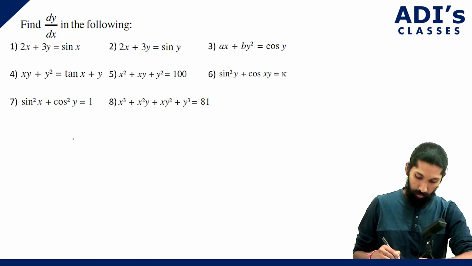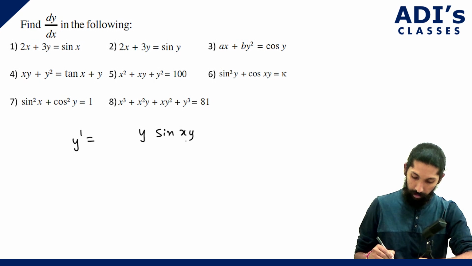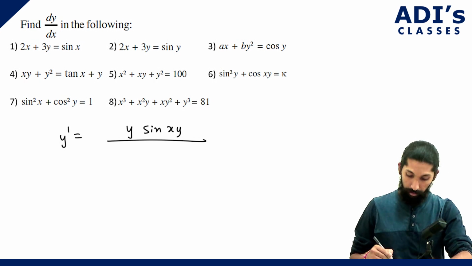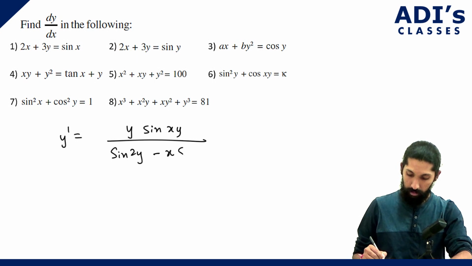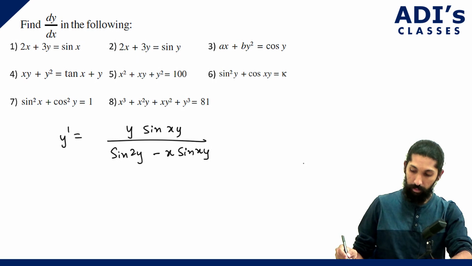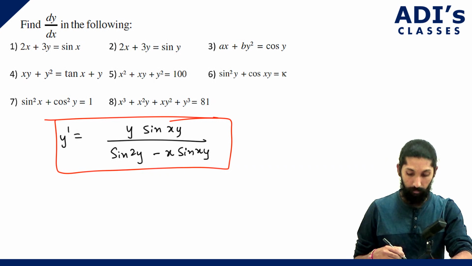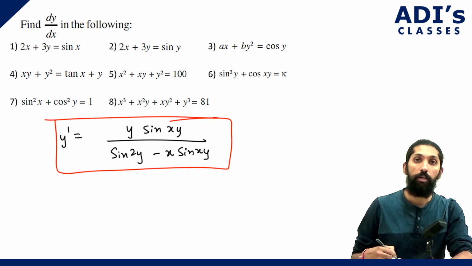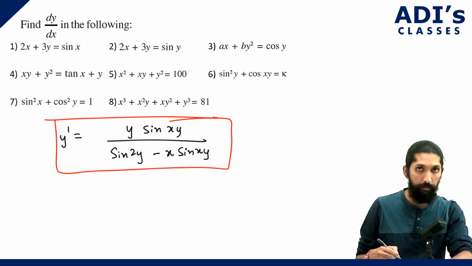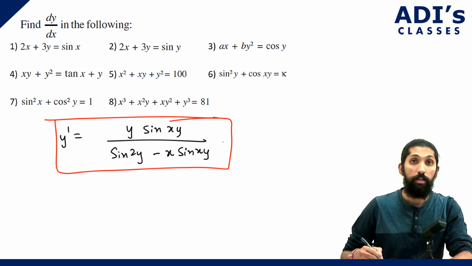You have y dash is equal to y sine xy divided by sine 2y minus x sine xy. This is going to give us the final value of y dash. Alright, so this is the answer for the given question. Fair enough?